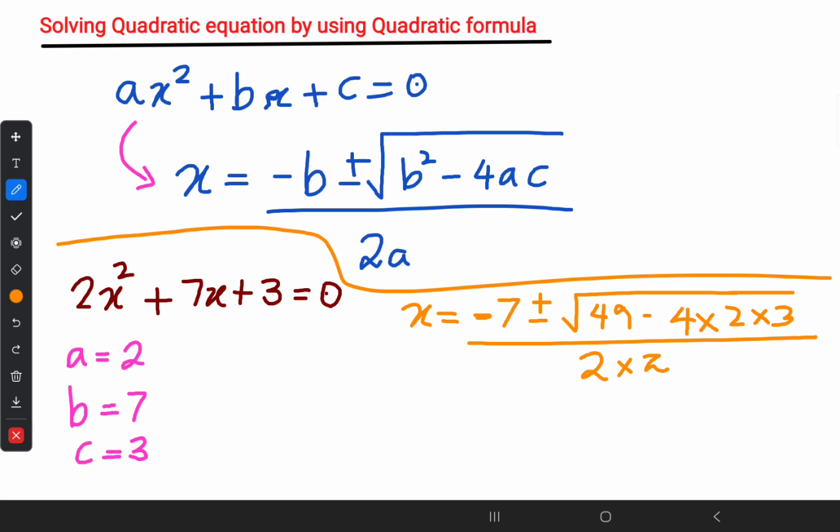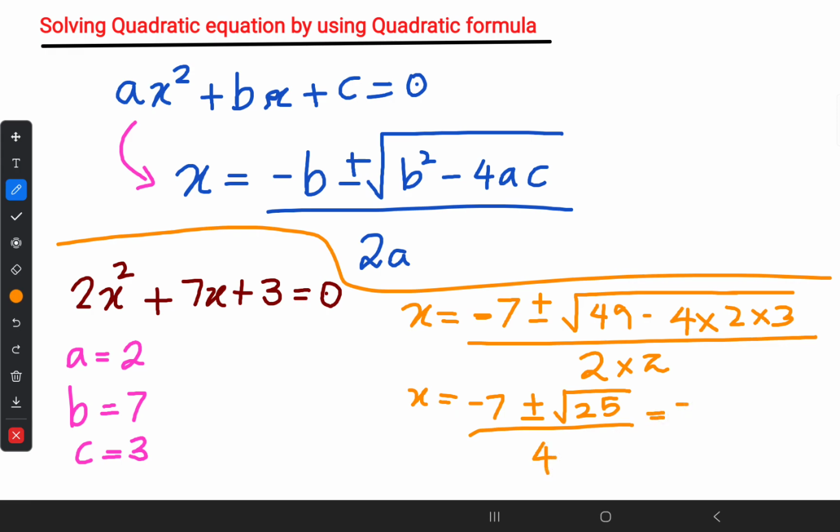Further simplification will give you negative 7 plus or minus the square root of 49 minus 4 times 2, 8, 3 times 8 is 24. So it will become 49 minus 24. You have to do this operation separately. 49 minus 24 will give you 25, upon 2 times 2, which is 4.